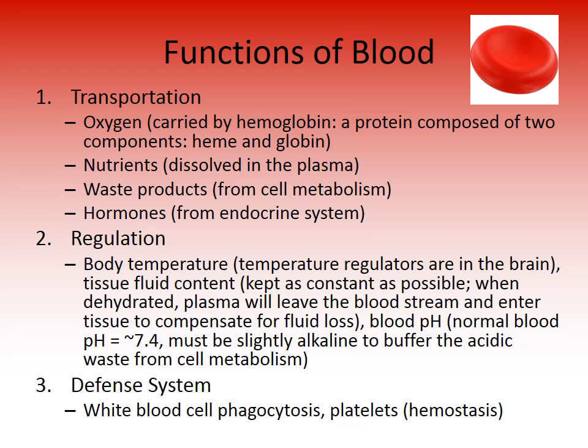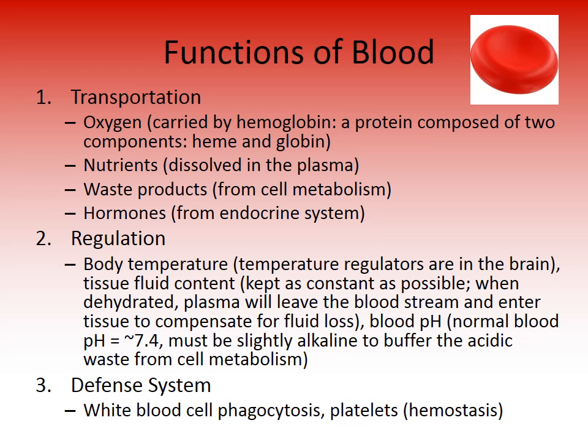Whenever we're dehydrated, the plasma will actually leave our bloodstream and enter into our tissues to compensate for that dehydration. So that's really interesting. And that would explain why when you do a PCV you see a really high red blood cell count: you have very little plasma and a lot of red blood cells.